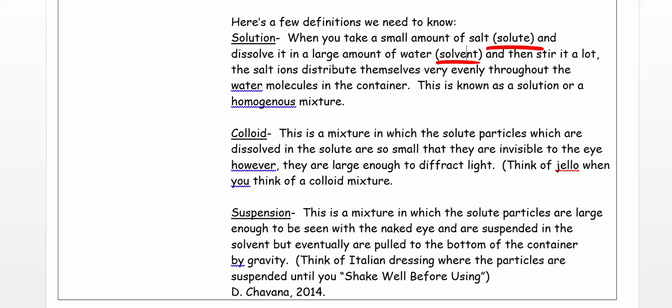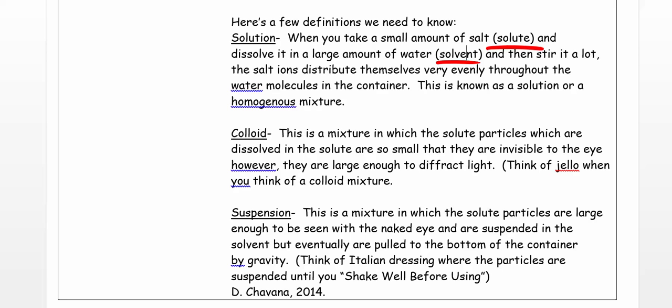Now, salt, or NaCl, is an ionic compound. By ionic, I mean it is composed of charged particles. That's all you need to know for right now. The ions, or the particles, are going to separate evenly. This is known as a solution or a homogeneous mixture.